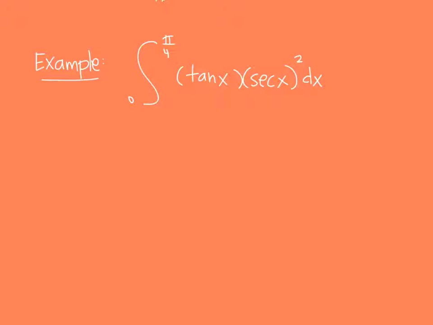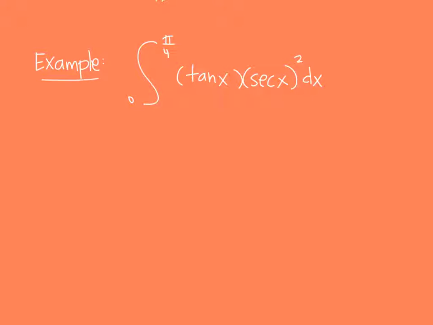Now here's where choosing your u might not always be exactly where I say it's always, like the interior of the most complex function. Because if you pick secant as your u, it will work eventually, but you might have to do a double u substitution later on down the road.